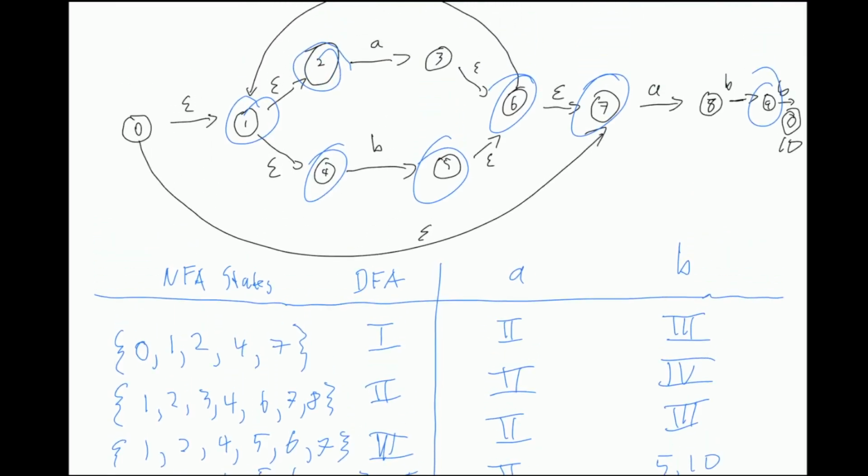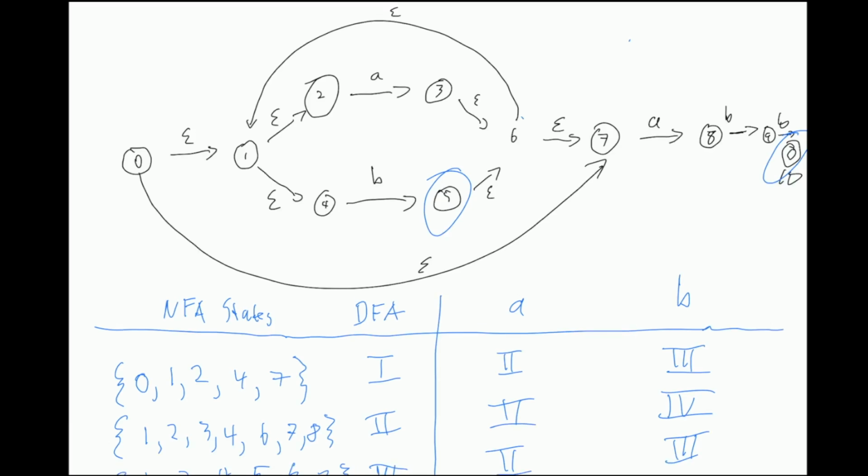And so in order to compute all the possible NFA states that we'll be in from 5 and 10, we again do the epsilon closure. So we're in 5 and we're in 10. The epsilon closure gives us 6 and 7, 1, 2, and 4.